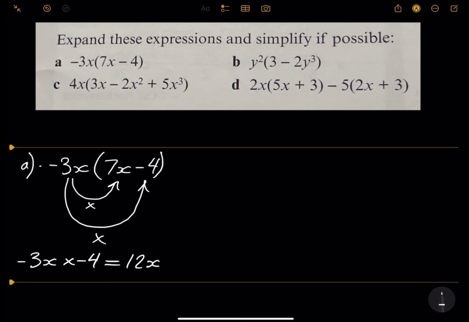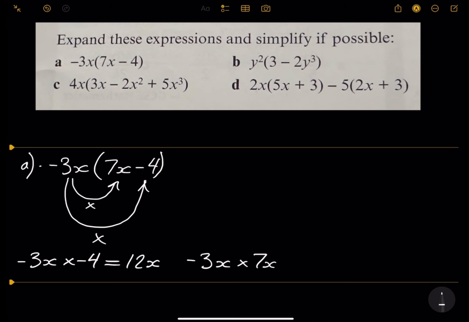Now, with the other number we have here, minus 3x times 7x, this is a case of using the laws of indices.